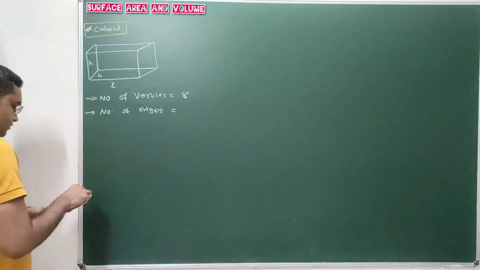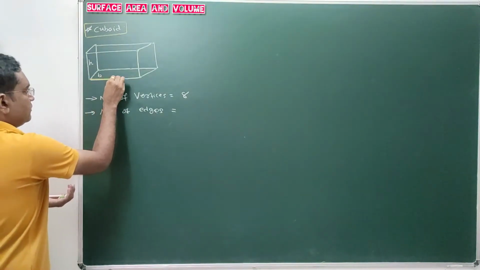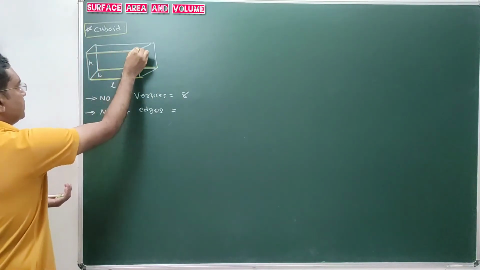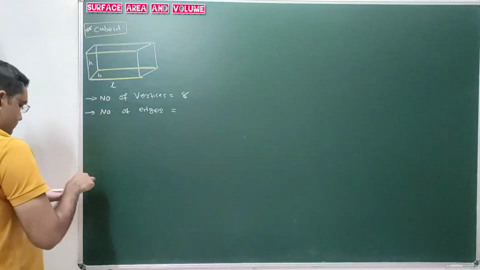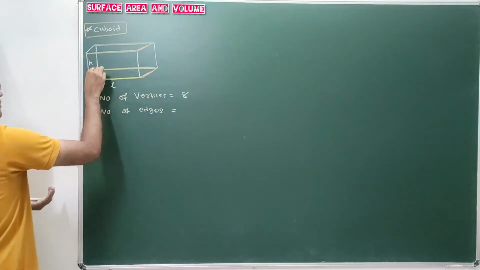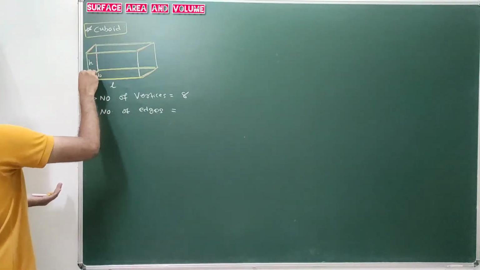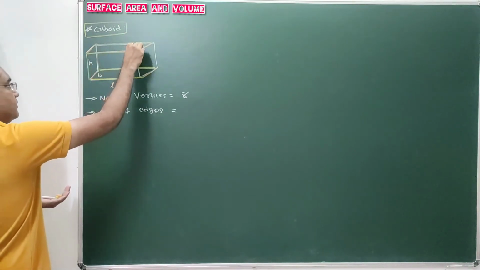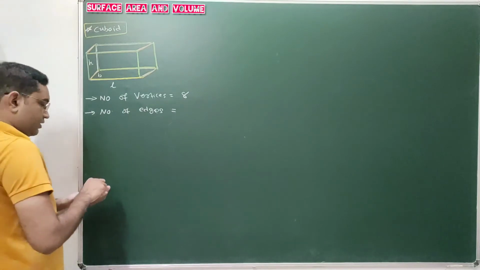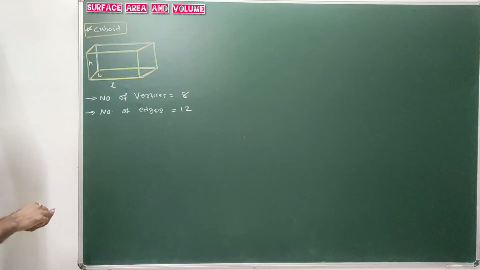Let's count: 1, 2, 3, 4, 5, 6, 7, 8, 9, 10, 11 and 12. Number of edges is 12. Total 12 edges are there. Done? So this is cuboid.